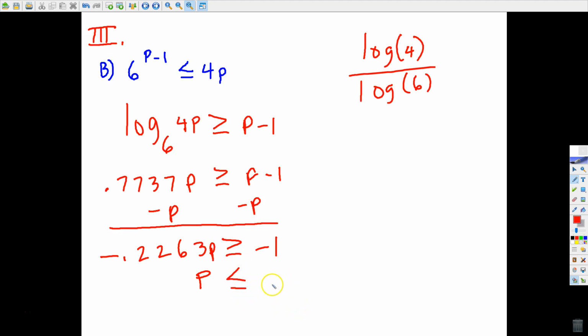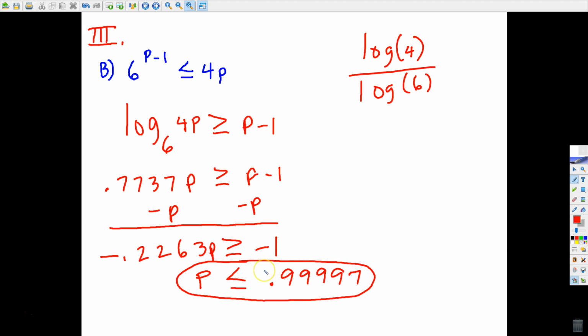Colin? Seven, you said 4? Okay, I'm going to leave it like this. Who else got that? You didn't get that?